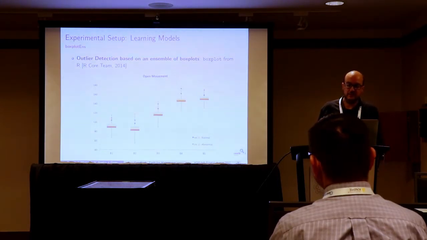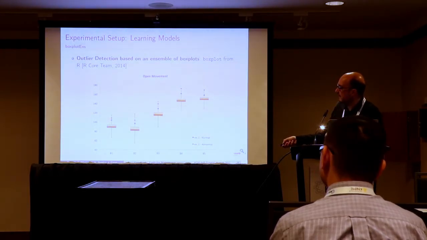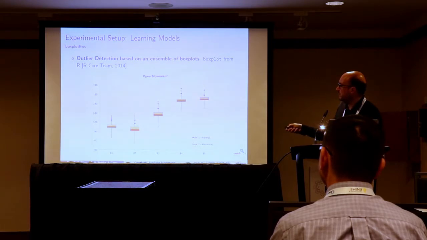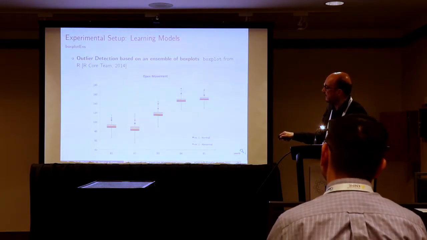Okay, so just to remind how this ensemble of box plots works. The idea in this case is that we have these 5 bins. This is the information that we have for each one of the attributes, for each one of the bins. So these are the points. In that case we have this gray and this red.